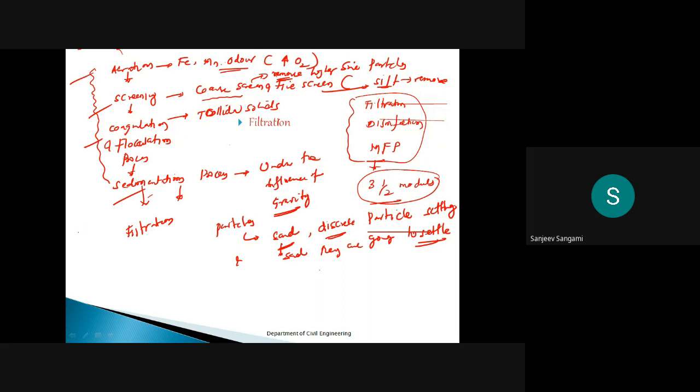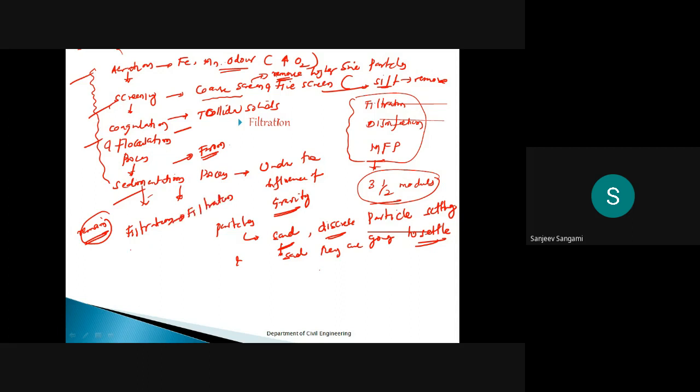Some of the solids will remain, come out from the sedimentation process, and give a load to the filtration process.